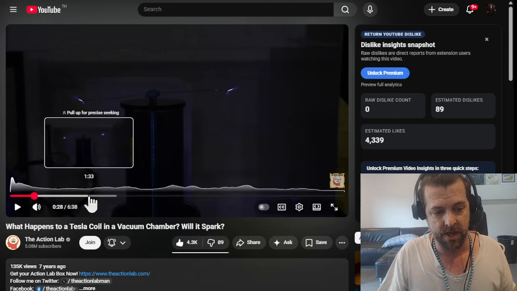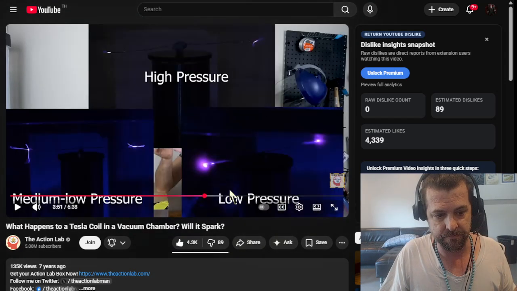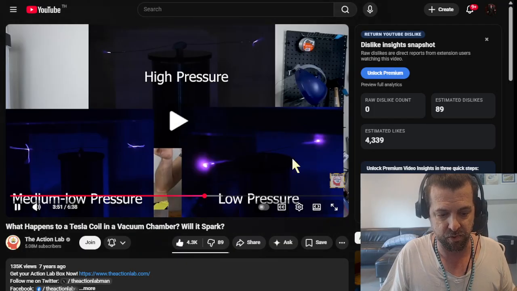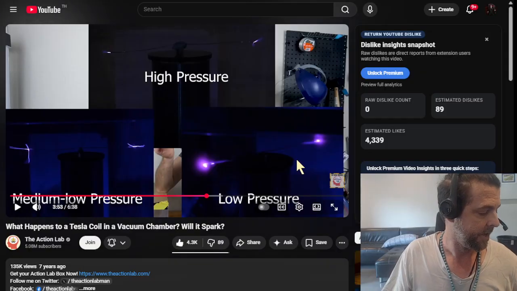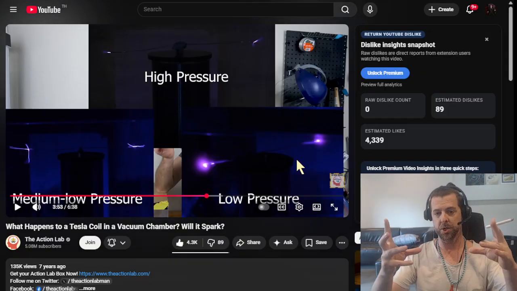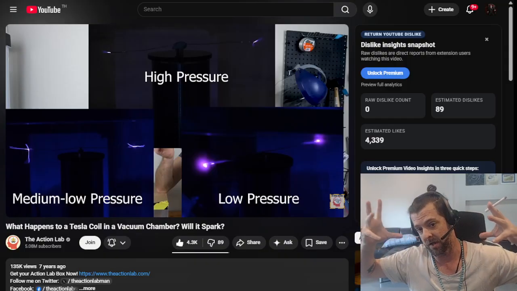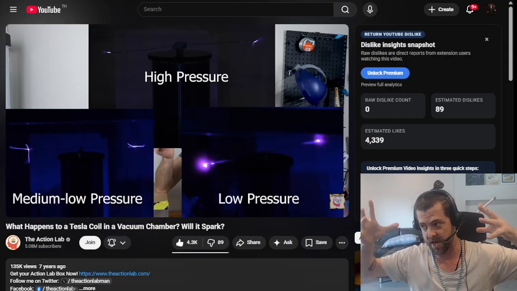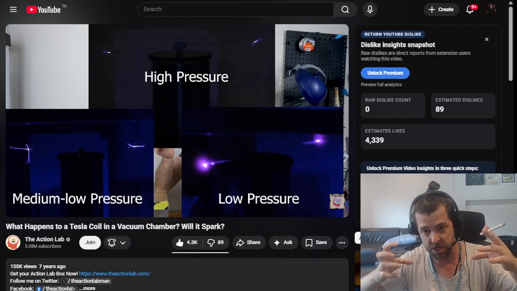As you can see, the more he takes the pressure out, the bigger and bigger it got. When he starts taking the pressure out, the plasma will get bigger and more defined and more fluffy looking because it has less pressure and it can grow and transfer energy easier.